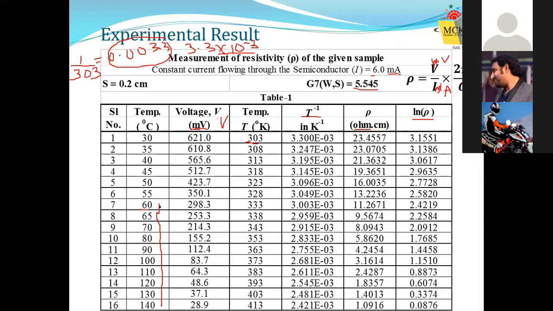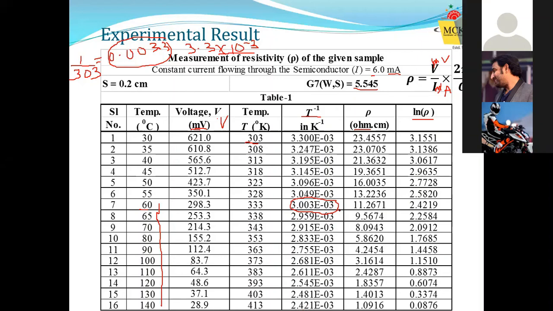If you look at 60 degrees Celsius, T inverse is around 3 into 10 to the power of minus 3. So try to draw the straight line from 3 into 10 to the power of minus 3 to 2.4 into 10 to the power of minus 3.